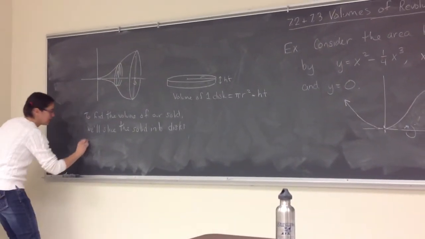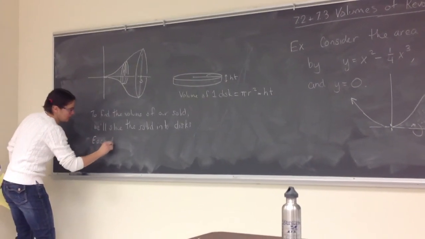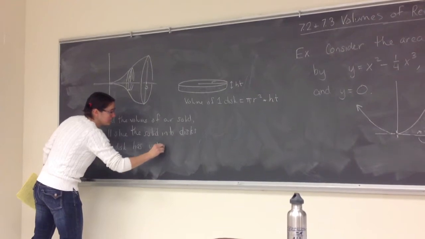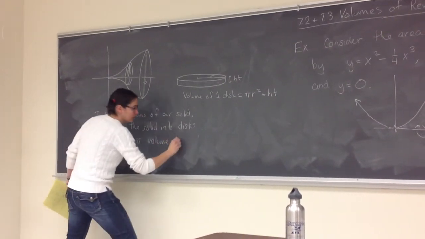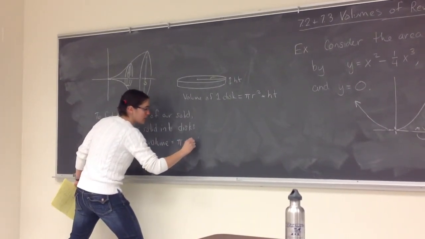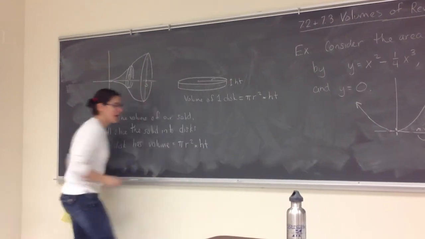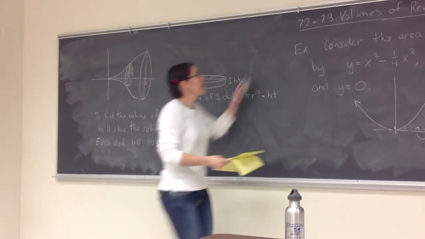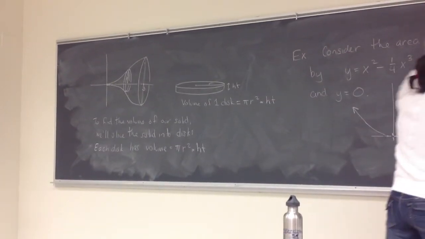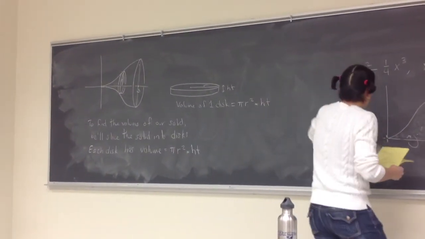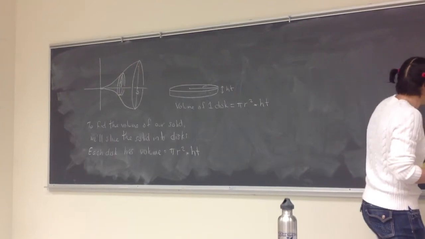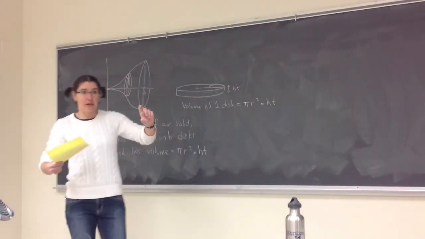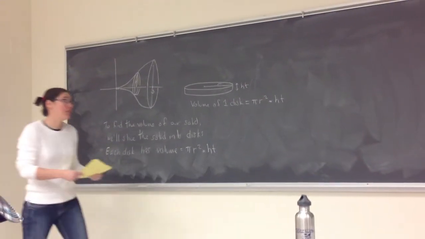Each disc has a volume equal to pi r squared times the height of the disc. And the idea is that we'll calculate the volume of each of those discs, just like a Riemann sum, calculate each individual volume, and then we'll add them all up.